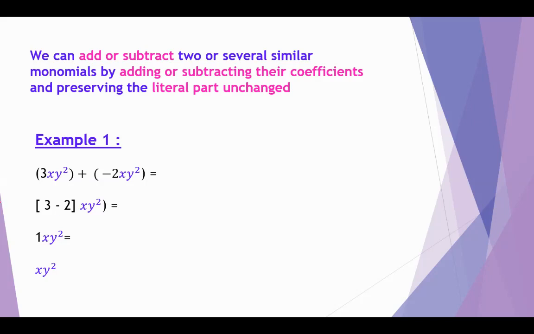We start with the coefficients 3 plus -2, and you use here the rule of sign numbers. 3 minus 2 is 1, and xy² plus xy², so we have here the same monomial. We don't touch the monomial, since here it's an addition, it's not a multiplication. So it's equal to 1xy², which is xy².